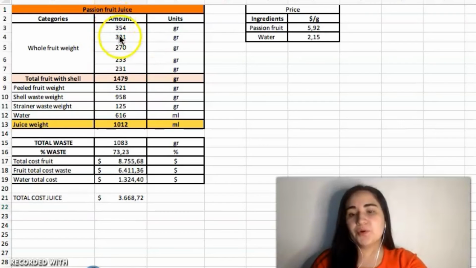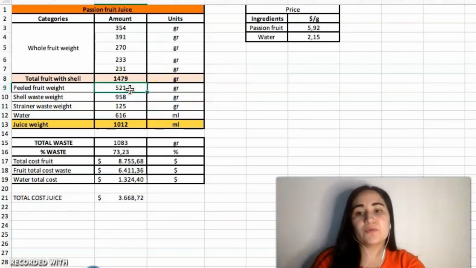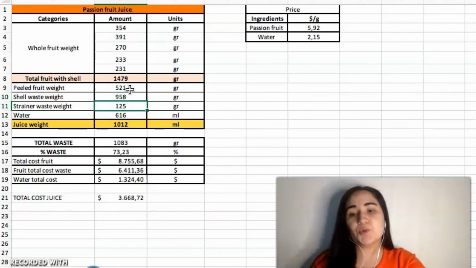Related with the passion fruit, here we have the whole fruit weight, that is basically for the 5 passion fruits that we used, and here is the total weight of the fruit with the shell. Here is the total of the fruit without the shell, the two wastes, and then the water that we used.